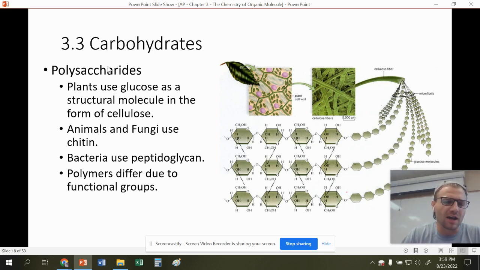Animals and fungi use chitin. Bacteria use something called peptidoglycan, which is also made of monosaccharides. But again, they differ based on their functional groups. Their structure determines their function. So we are looking at how the smaller parts are regulating their structure, which regulates their function.